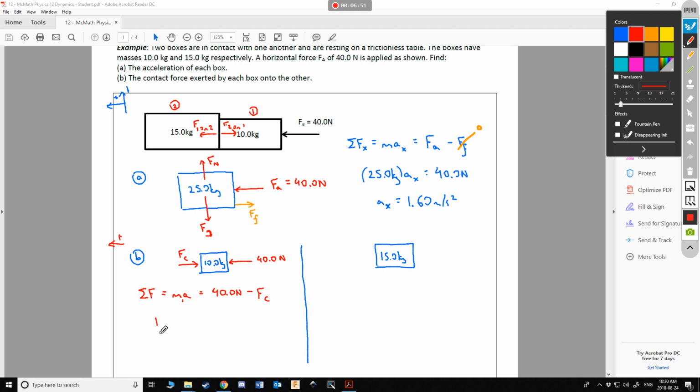So our mass is 10.0 kilograms. We just solved for our acceleration. If the system is moving at 1.6 meters per second squared, each individual object is also moving at 1.6 meters per second squared. So 40.0 newtons minus FC. Solving for FC, we get 40 minus 10 times 1.6, so we get 24 newtons.